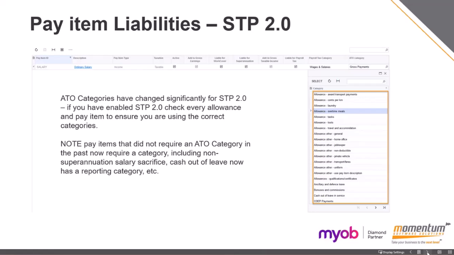Previously, there were a lot of pay items that did not require an ATO category, but now the ATO has increased those categories, and with these fine details, we need to make sure that each and every pay item that needs an ATO category has been assigned an ATO category. So this you need to check in pay item liabilities. When you go into pay item liabilities, make sure the ATO category that's appropriate for that pay item has been selected.